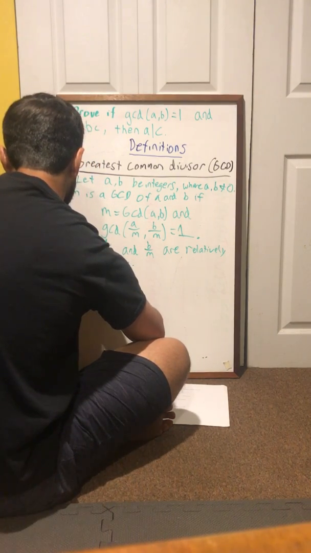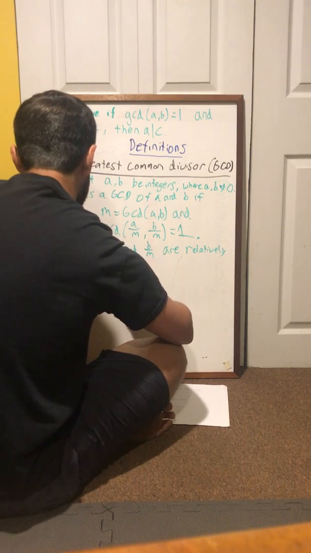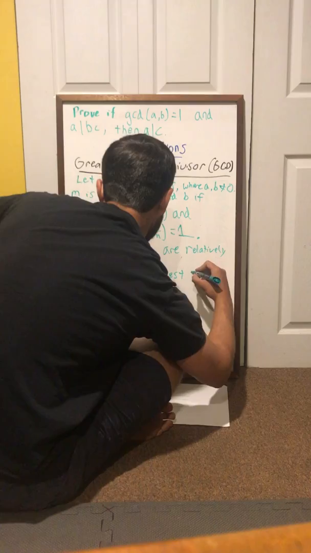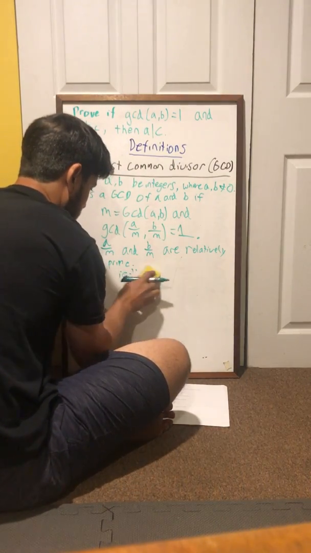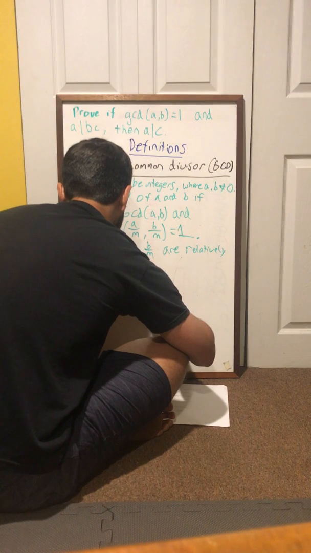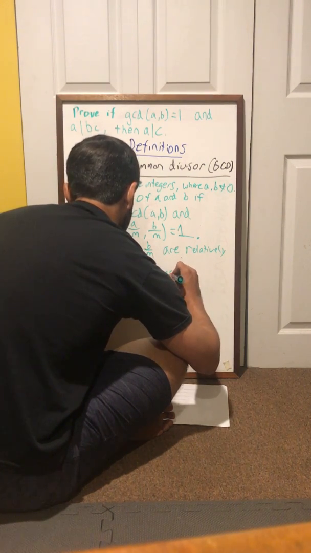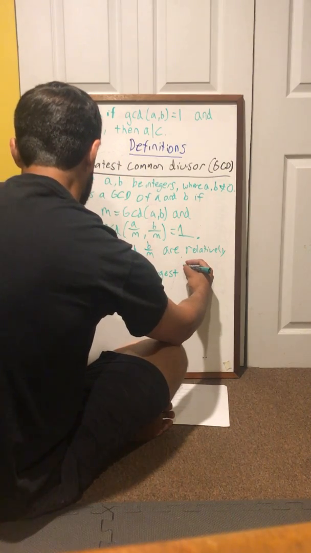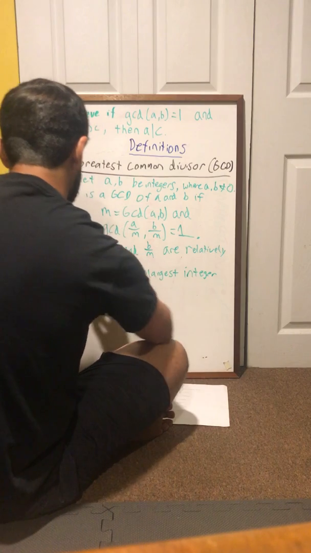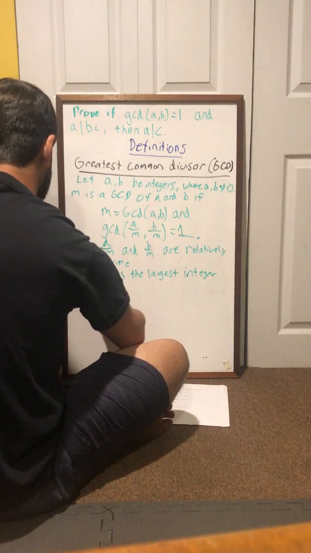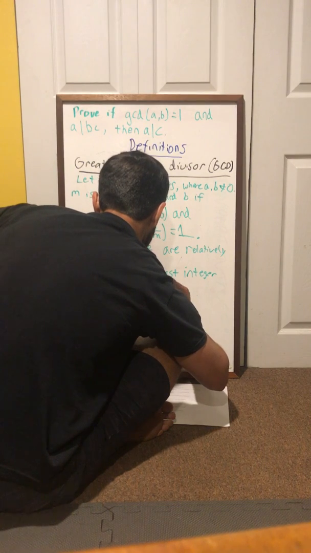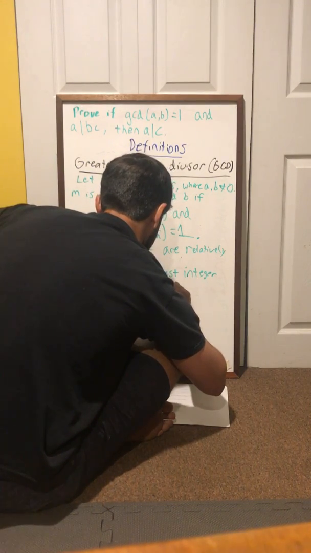Also, M is the largest integer that divides A and B. Okay.